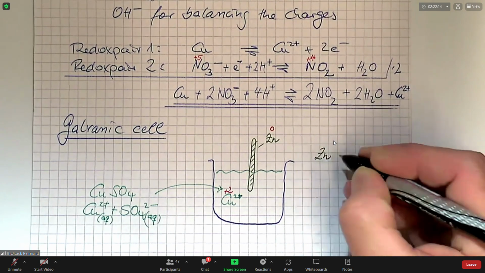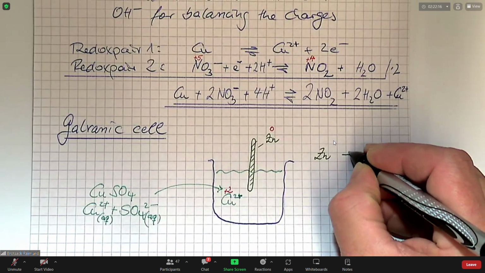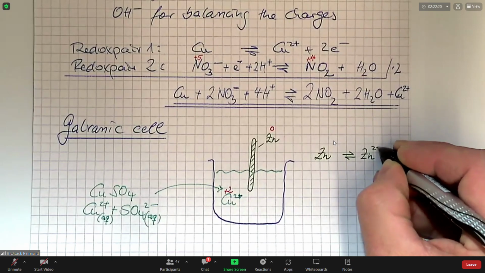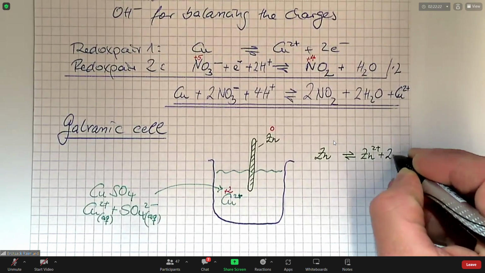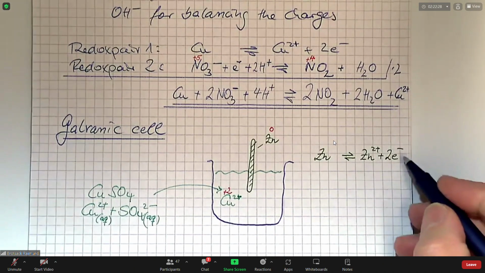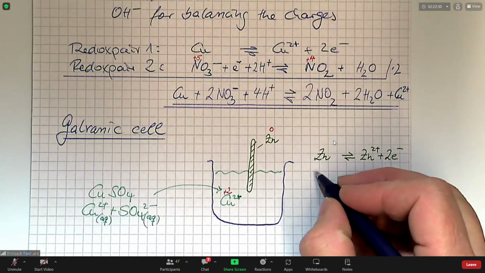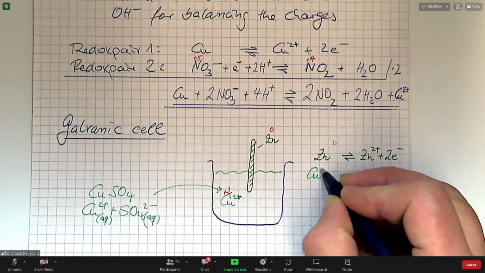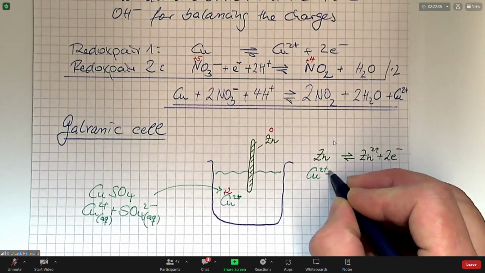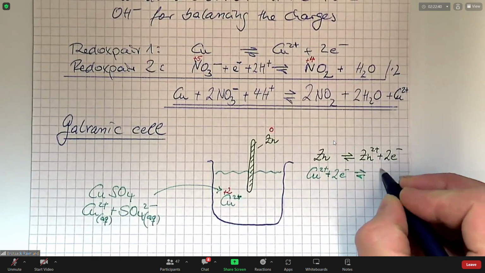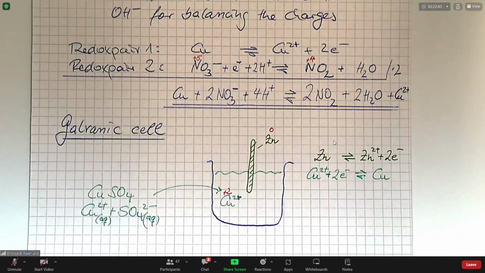The elementary zinc will be oxidized, and it will form Zn2+ plus 2 electrons. And because we know there are never single electrons, the copper 2+ will be reduced. It takes 2 electrons to form elementary copper.